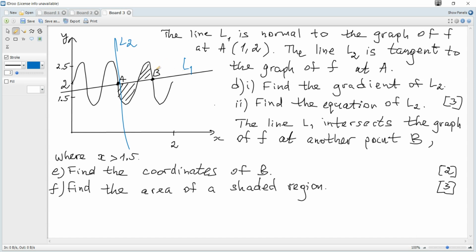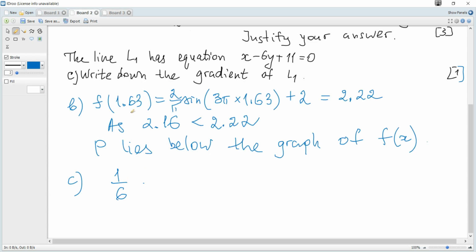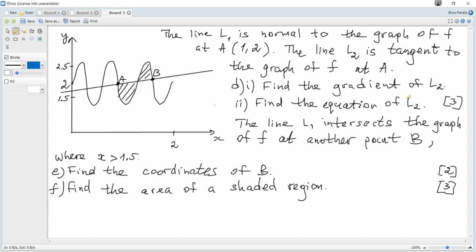And the tangent is perpendicular to the normal. We know if two lines are perpendicular, the gradient of one is the negative reciprocal of the other. Hence the gradient of L2 is the negative reciprocal. It's flipped and with opposite sign, so it's negative 6.